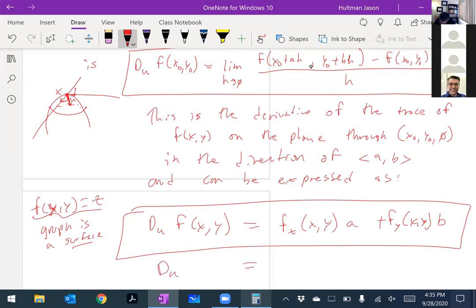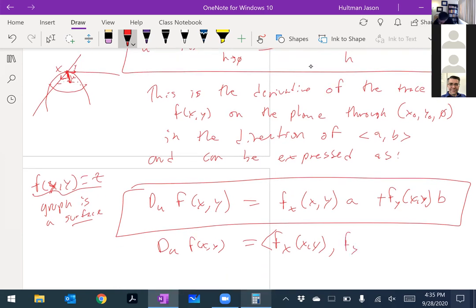Couldn't I rewrite this as du f of xy equals the dot product of the vector fx of xy, fy of xy, dotted with AB? That's kind of cool. That's the dot product. So we could think of it that way as well.